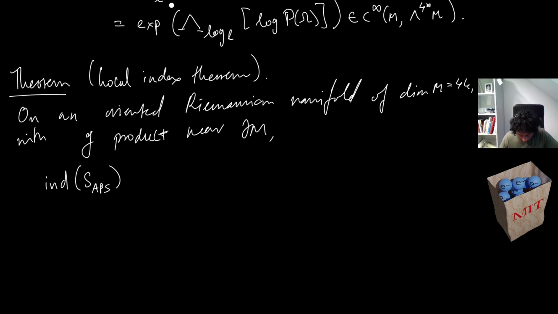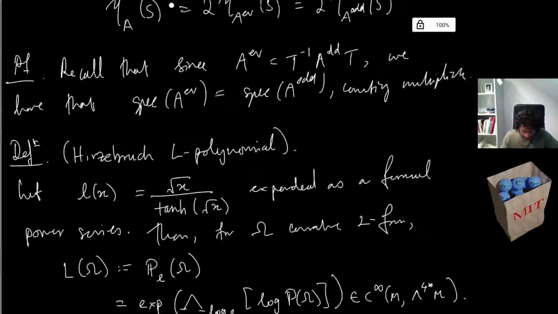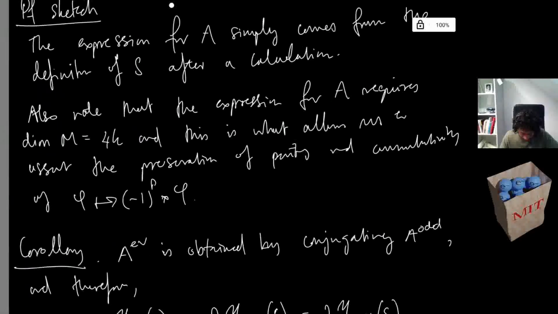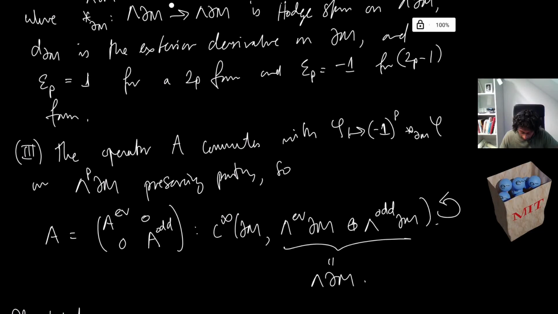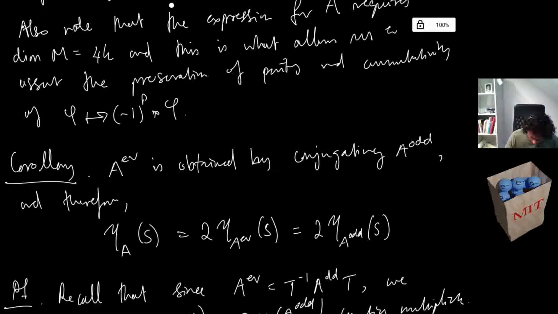So the APS boundary conditions, of course, are given in terms of this operator A. So I should have also said that the operator A is self-adjoint, right? So maybe I'll put that up there.